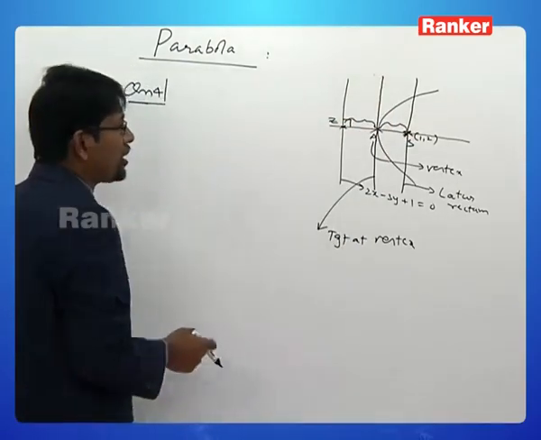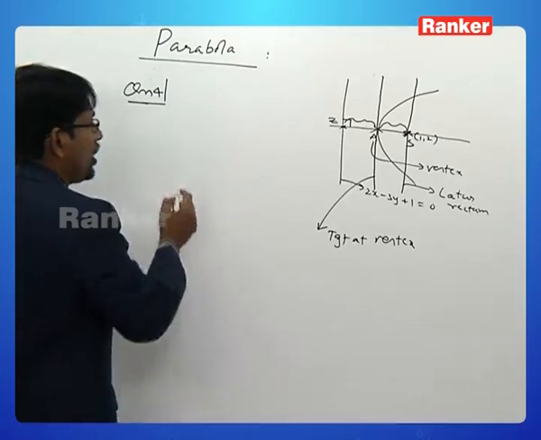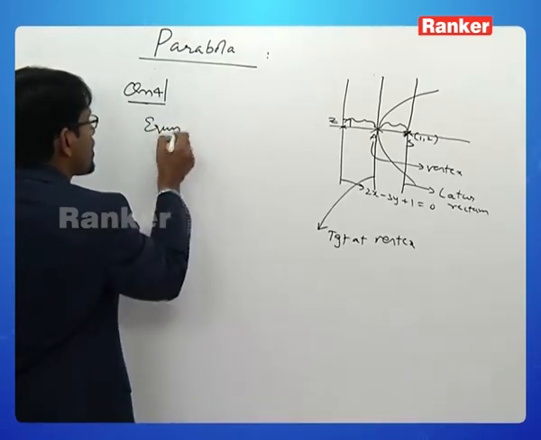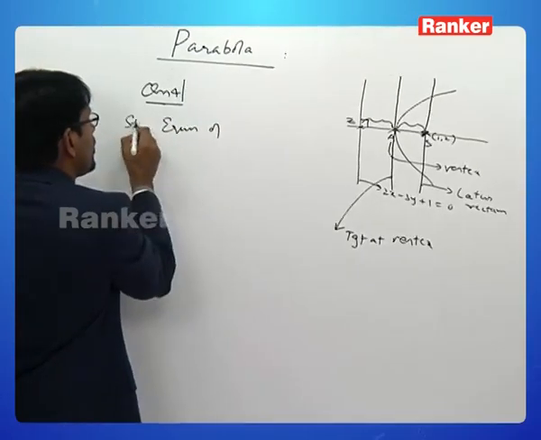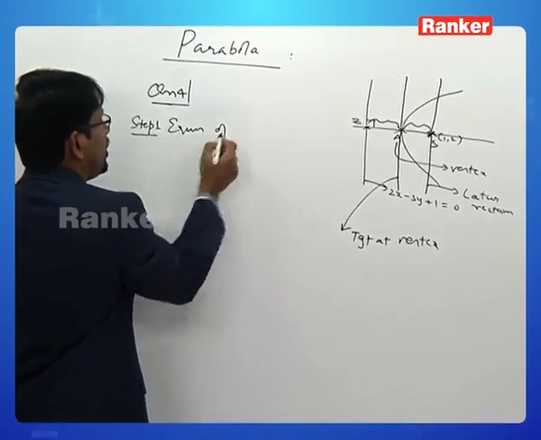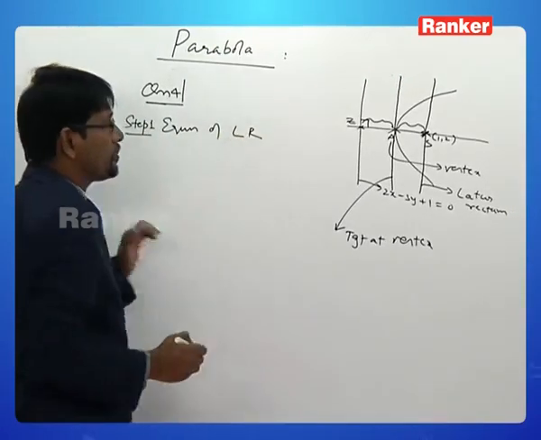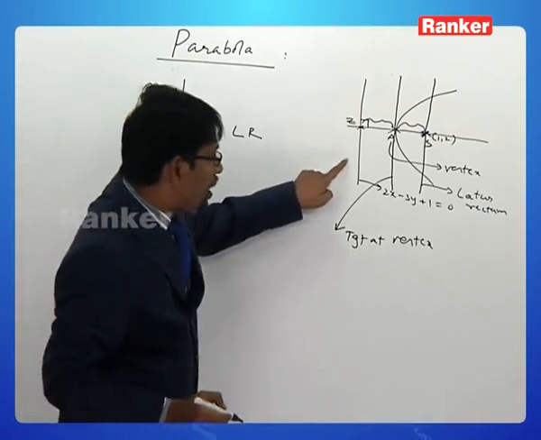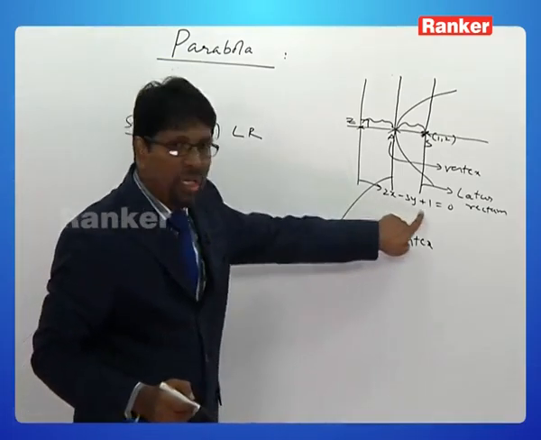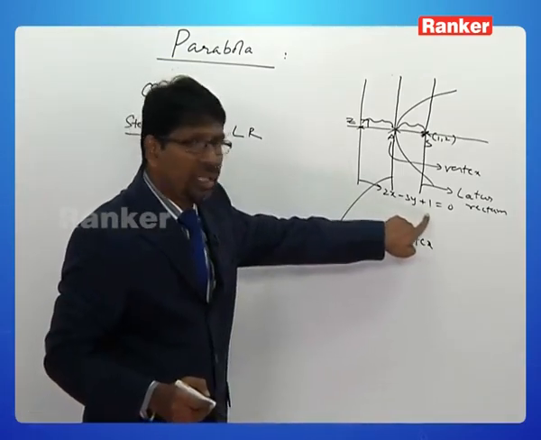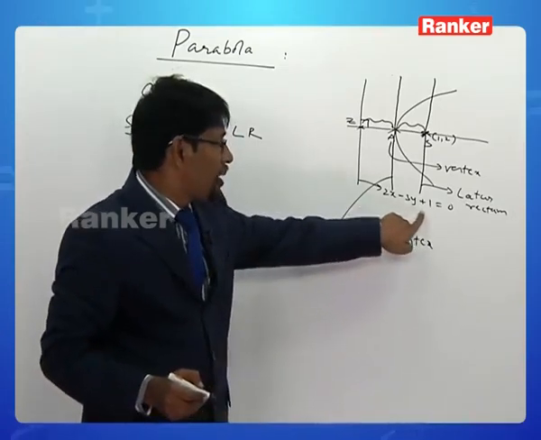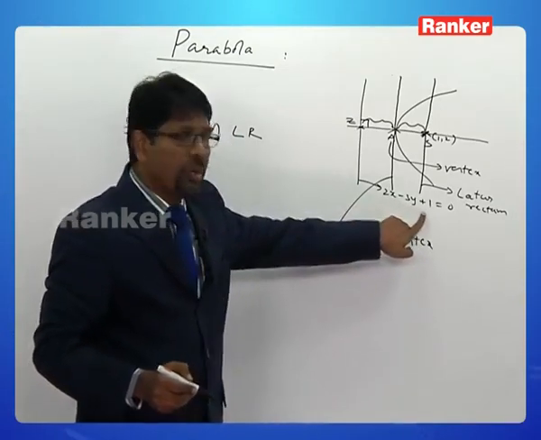So let's write the equation of the latus rectum first. Step 1. Equation of latus rectum. It's a line parallel to the directrix, so it has to have the same slope as the directrix. What's the slope of this? 2 by 3.